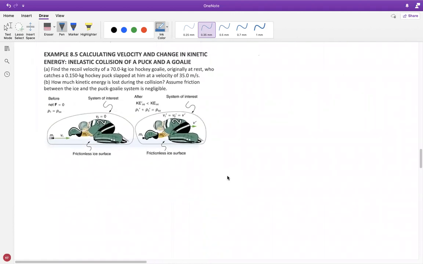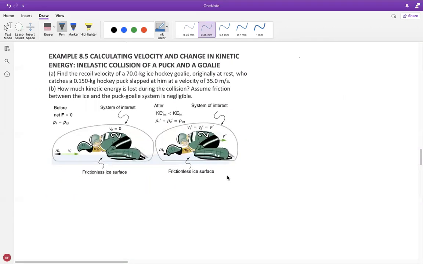We are going to look at our next example here, Example 8.5. So we are looking at an inelastic collision now.